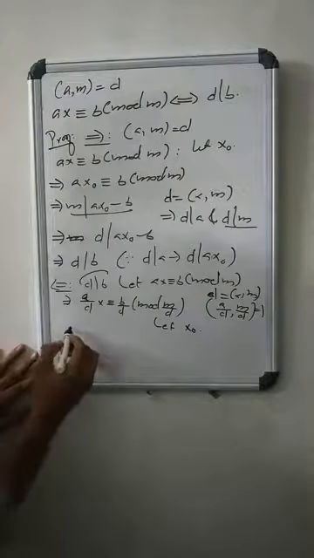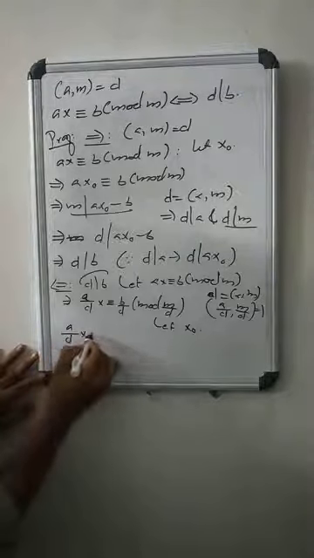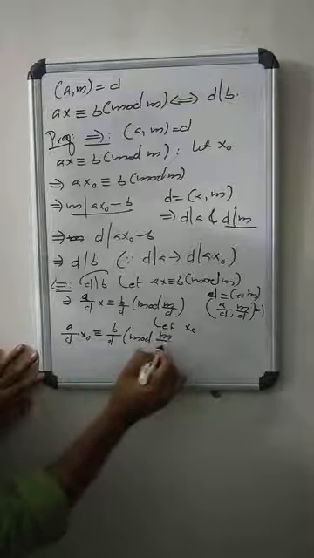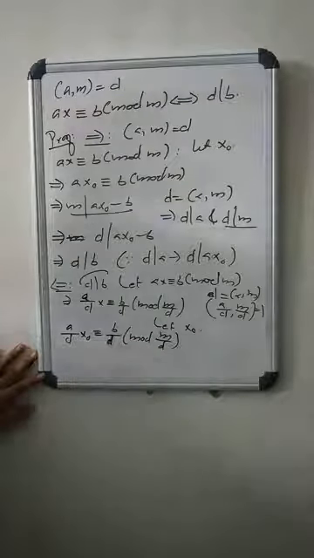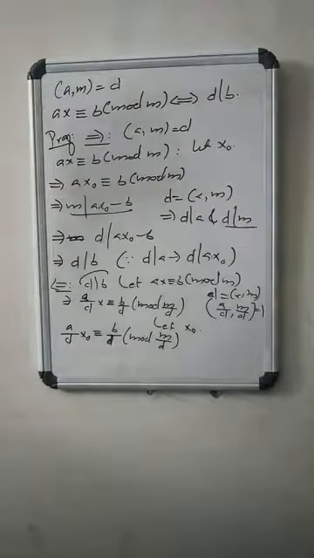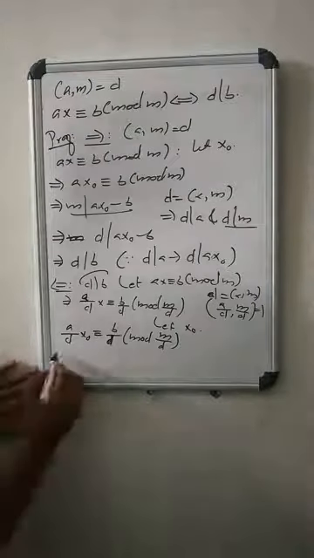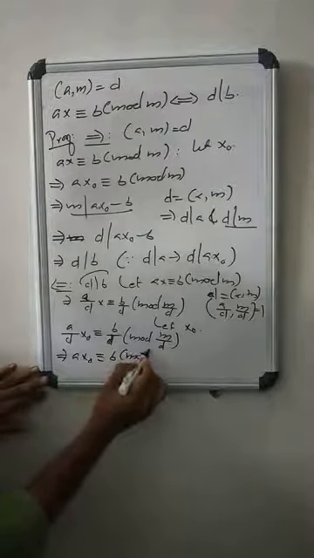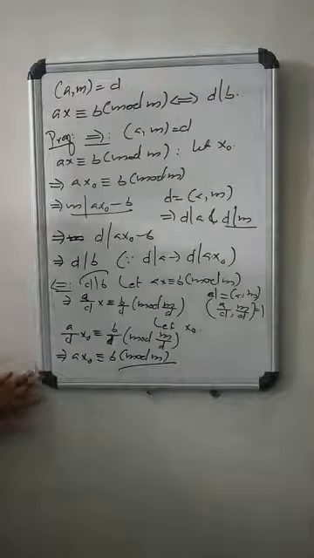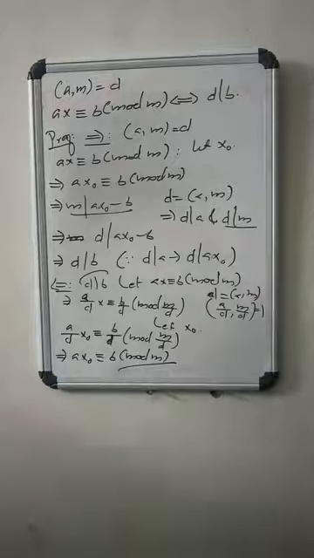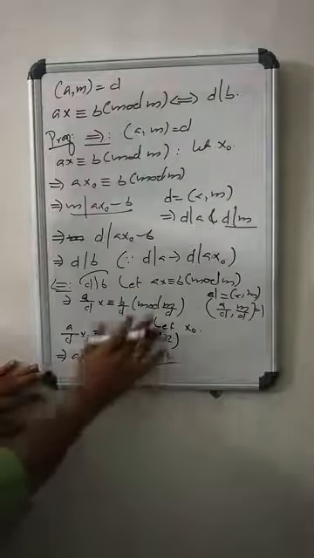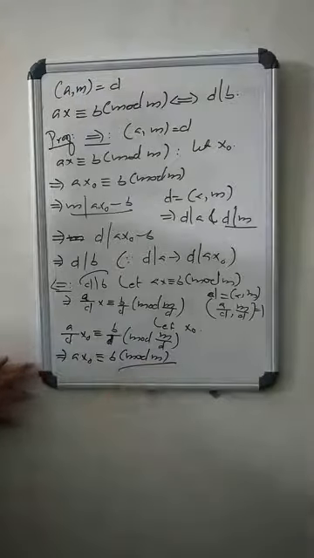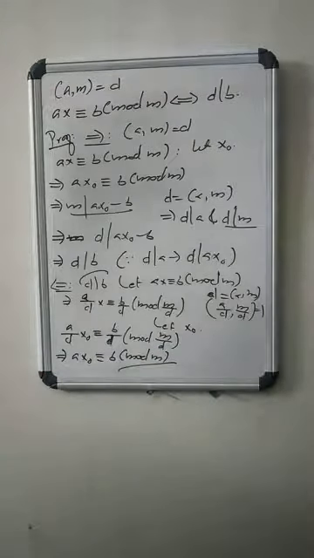That means A/D X naught ≡ B/D mod M/D. Multiplying through by D, clearly A X naught ≡ B mod M, which means X naught is a solution of the linear congruence AX ≡ B mod M. So the reverse inclusion is also finished.